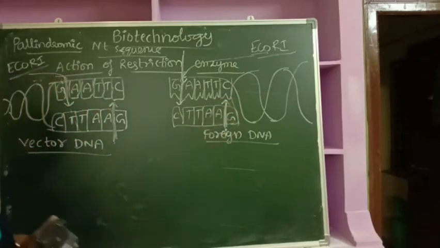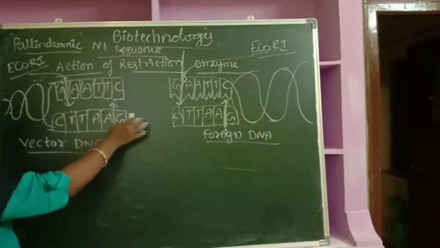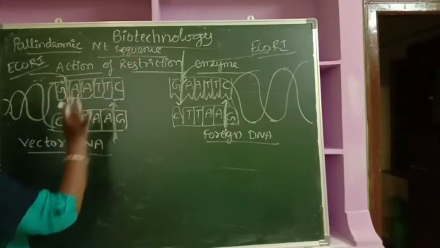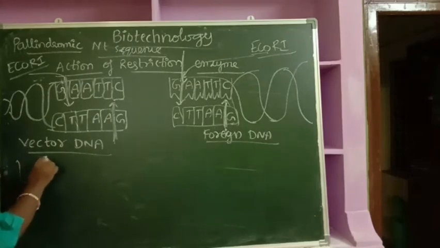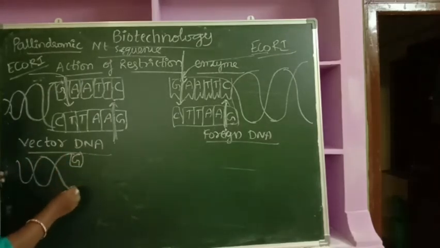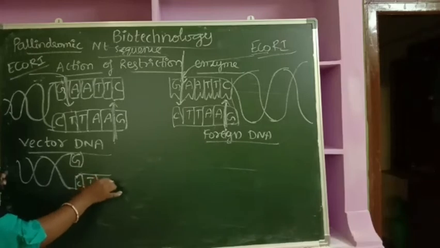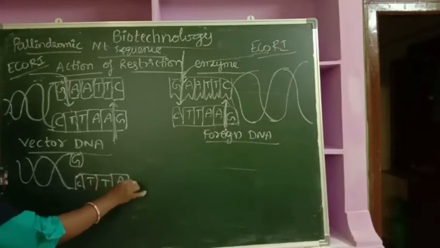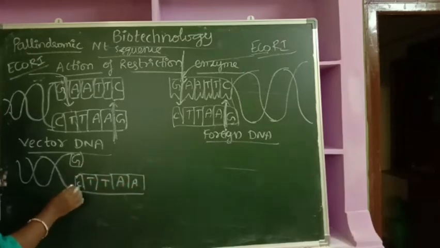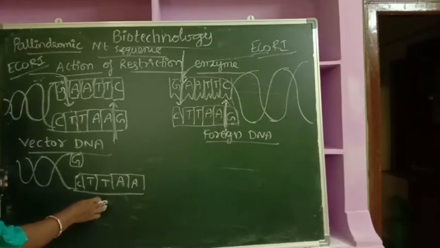As a result, what happens here? After cutting, this fragment will go, and this fragment will go. In the vector DNA part, here is G like this. Then you find C here, T is there, T is there, A is there, A is there. This part is called overhanging stretches. This is called a staggered cut.